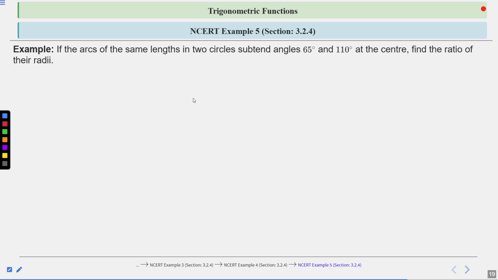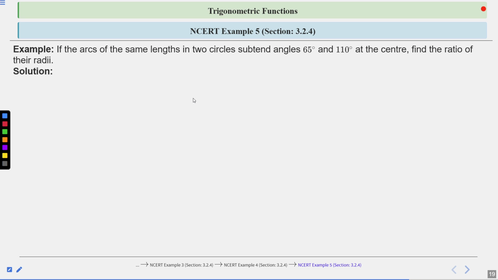In another circle, you are making your central angle of 110 degrees. And both correspond to some arc length. And these two arc lengths are the same as given in our question. So if this much information is given to us, then just find out the ratio of their radii. Simple. R1 divided by R2. You have to find out.